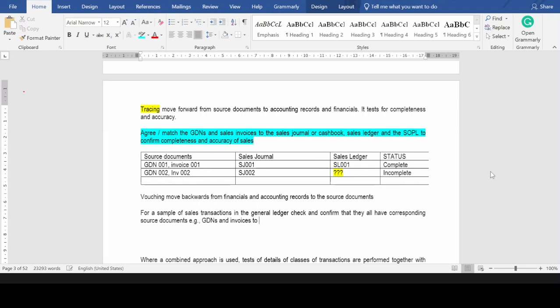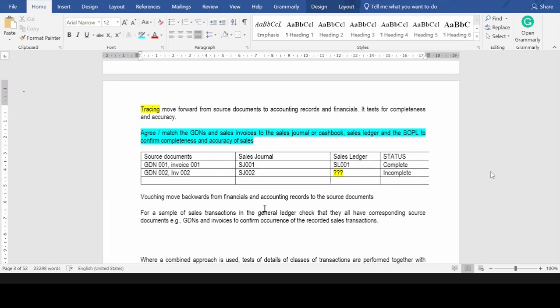To confirm occurrence of the recorded sales transactions.